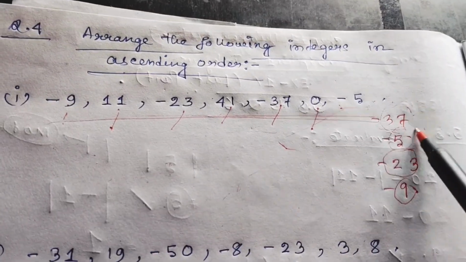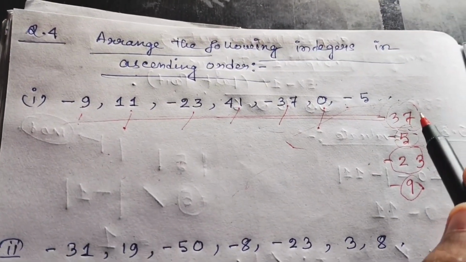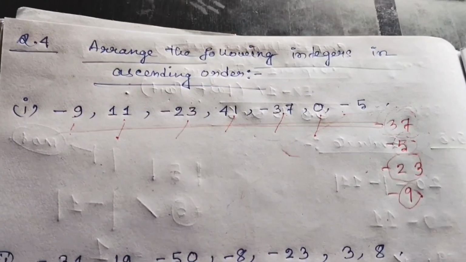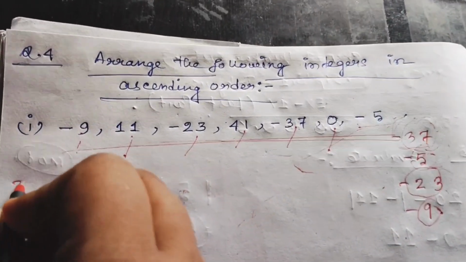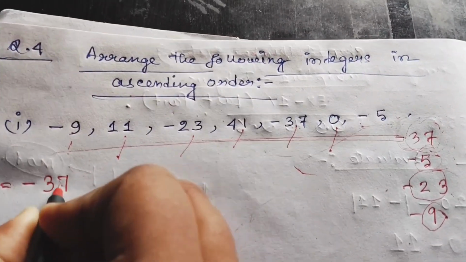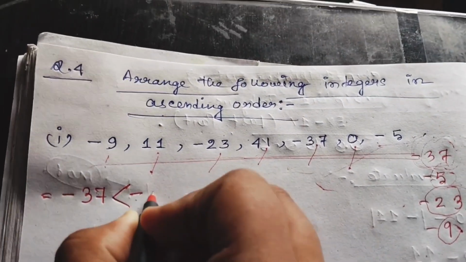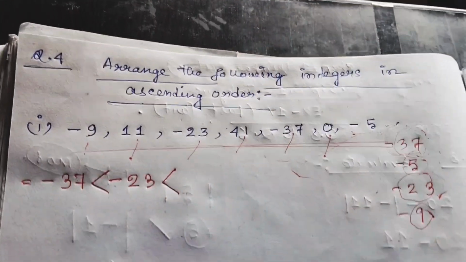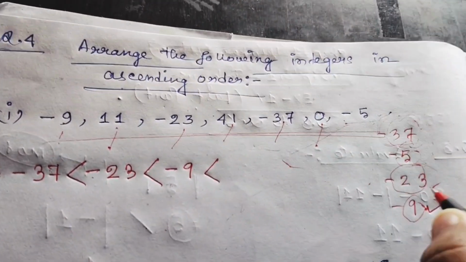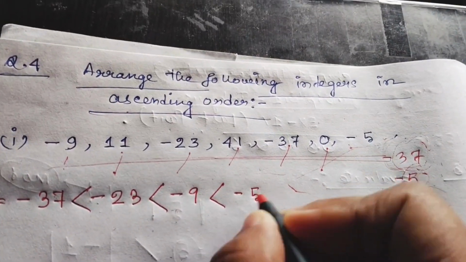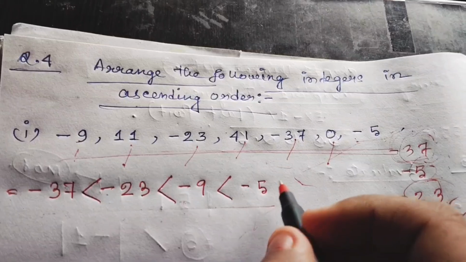In the case of negative integers, it becomes the smallest. So the first negative integer will be -37, then -23, then -9, then -5. So we covered the negative integers.